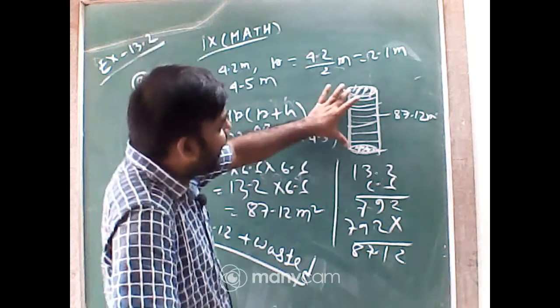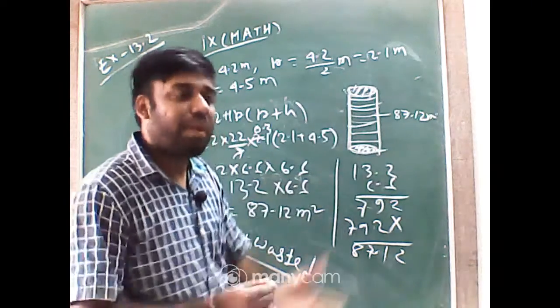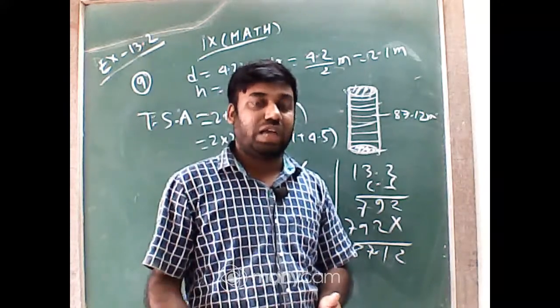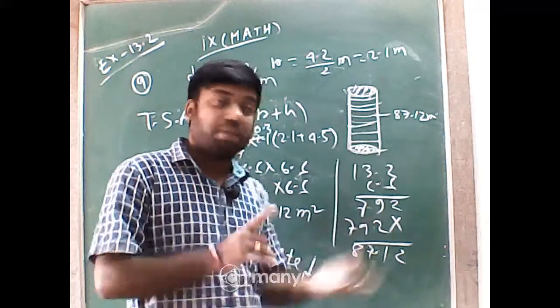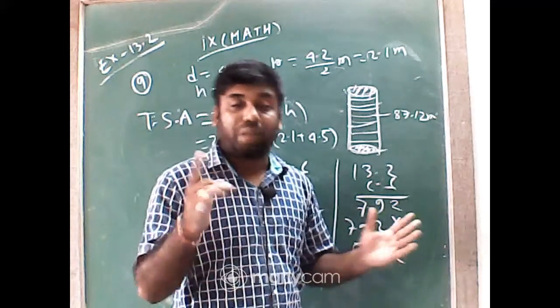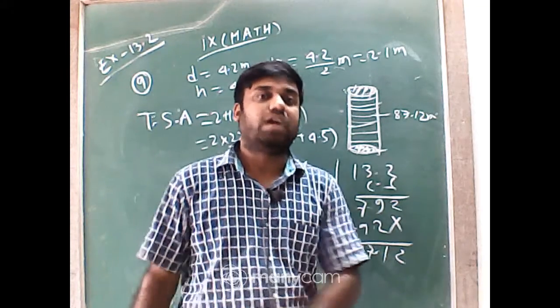It is only the area. To make it, some amount of steel is also wasted, and we need to find the total area of that cylinder plus wasted surface area of steel.